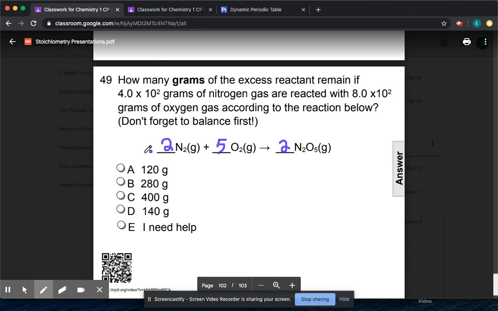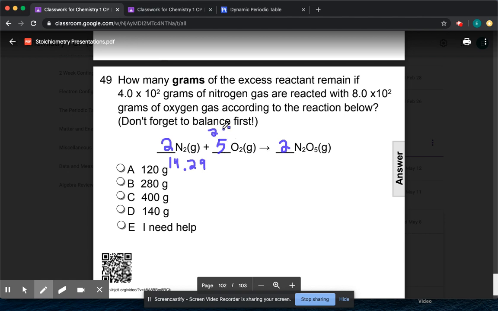So 400 grams, the molar mass of nitrogen is 28. Remember, for 1 it's 14, but you have 2 of them, so it should be 28. So we have 14.29 moles of nitrogen. And then 800 divided by 32 should be 25.